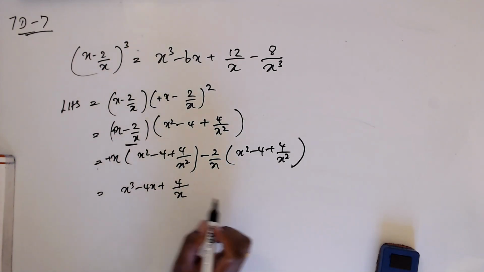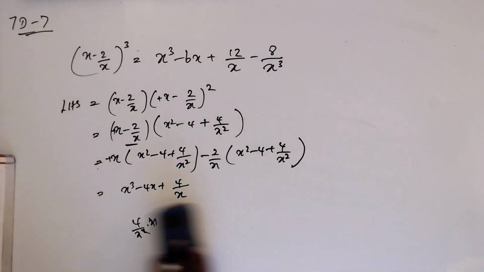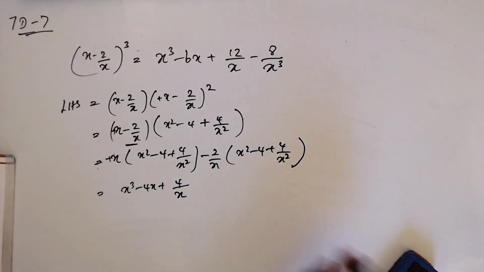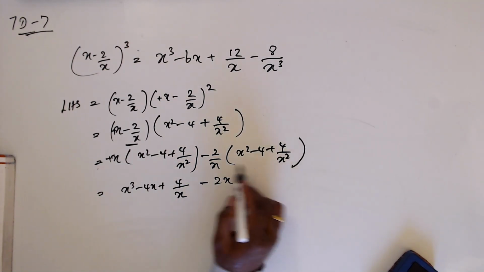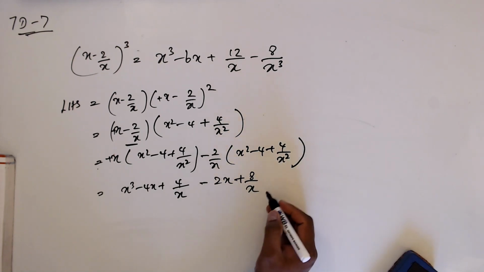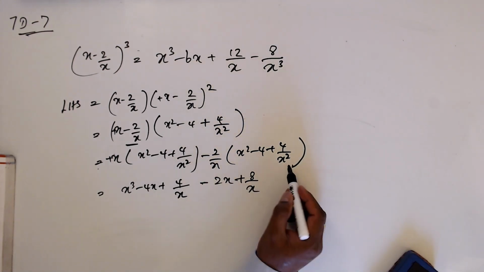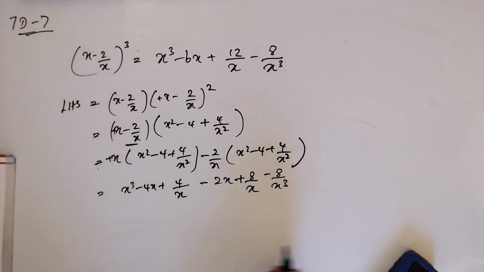You can write 4 over x square times x. This cancels out to 4 over x. This is going to be minus 2x plus 8 over x, and this is going to be minus 8 over x cube.